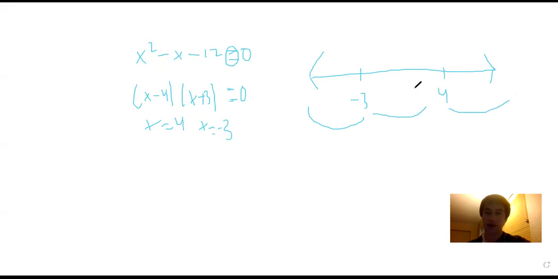Once we've tested each, we can decide where this statement is true. The first thing we always want to look at is the sign. This is greater than or equal to 0, so because it has the equal sign, that point has to be included. X equals 4 and x equals -3 would exist, so we put a closed circle so we remember that the point is included. We'll see why later on in the answer.